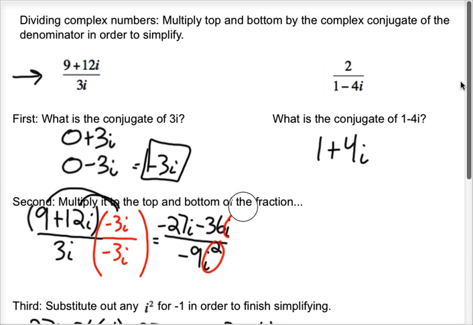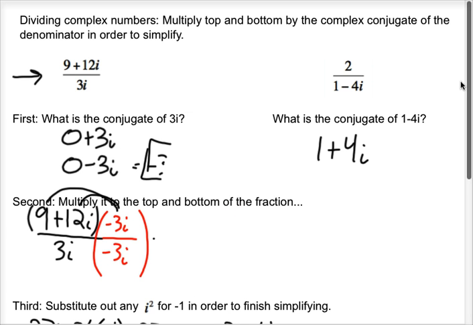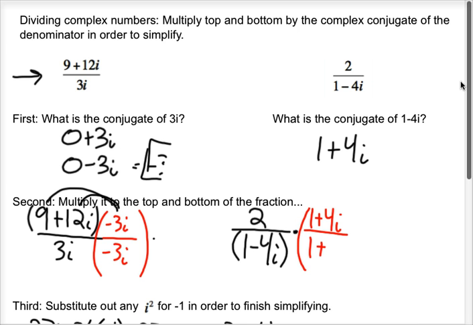To give myself a little bit more room, I'm going to erase a little bit of that. So, we have 2 over 1 minus 4i. And now we're going to multiply that by 1 plus 4i.